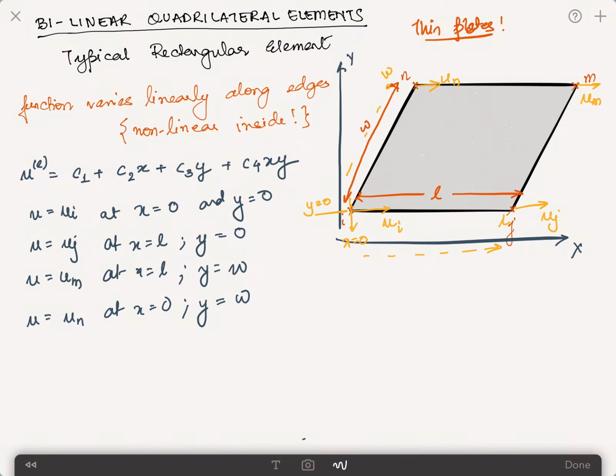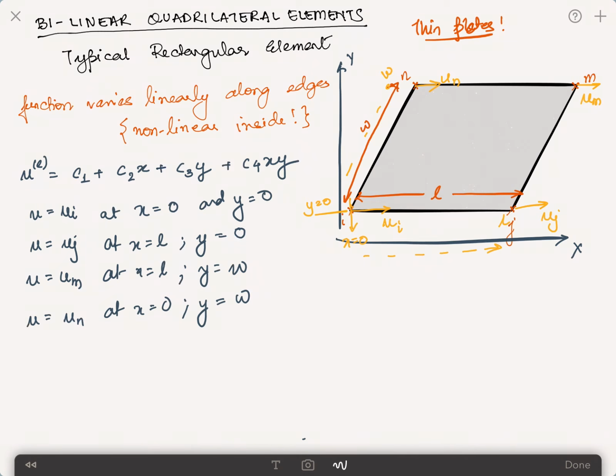So if we apply these conditions to equation 1, let's say this is equation 2, so if I apply 2 to equation 1 and solve for the unknowns C1 to C4, then we will get the relations for C1 to C4.